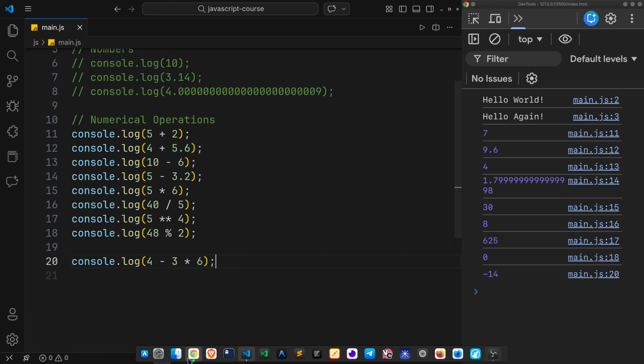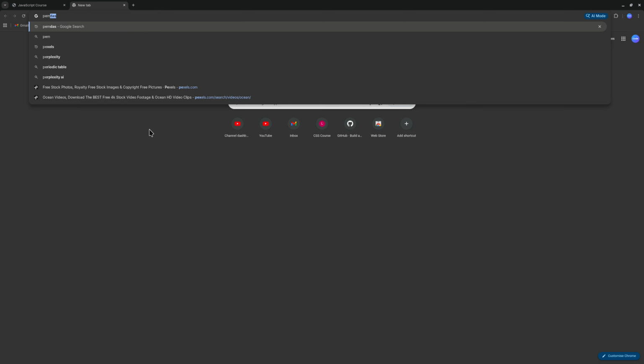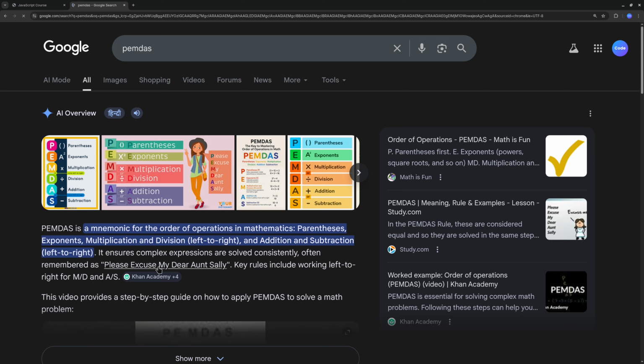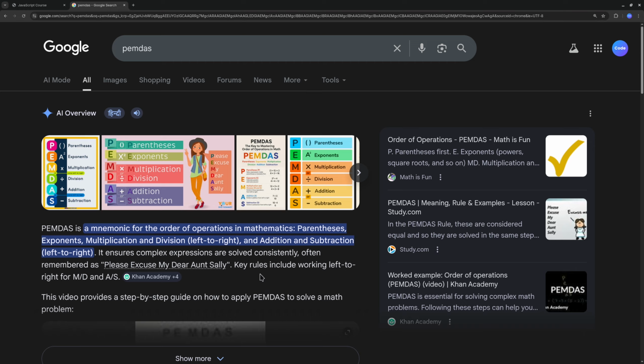In case you want to learn a little bit more, we can search PEMDAS. As you can see, this is the PEMDAS one. PEMDAS is the order of operations in mathematics: parentheses, exponents, multiplication and division, then addition and subtraction. The JavaScript order of operation follows this particular rule.